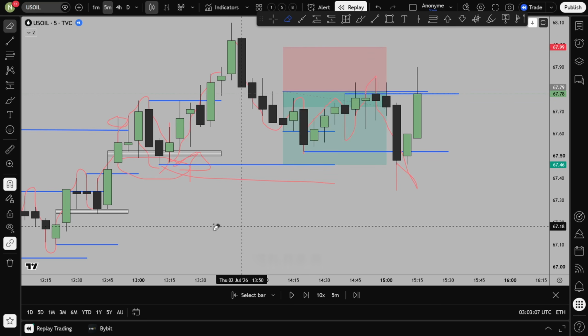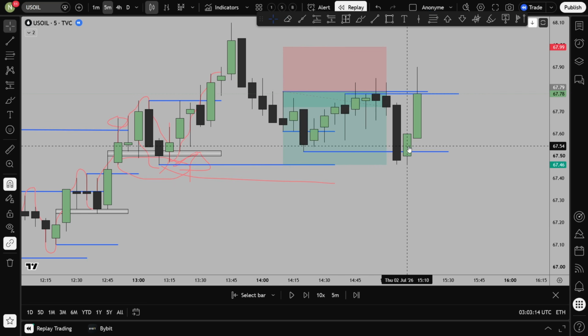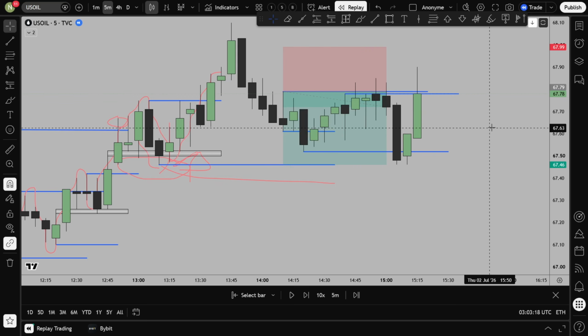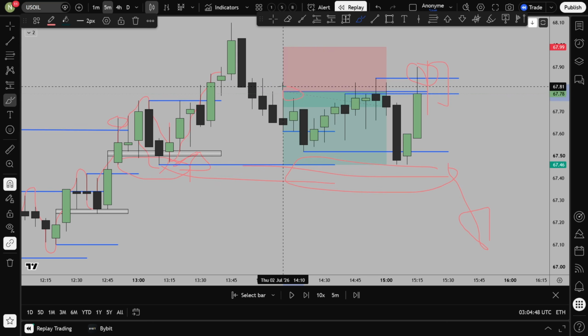We want something aggressive. So here it's very confusing. It's close to being a range. This is clearly a fair value where buyers and sellers participate in the same area because no one is very dominant. So in here we had a high, we had a low.